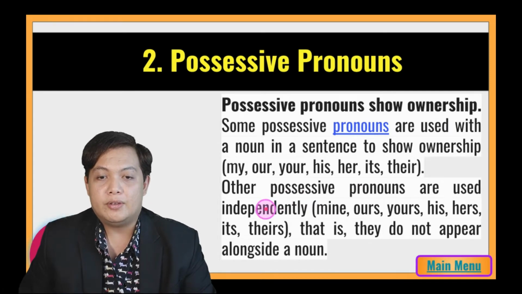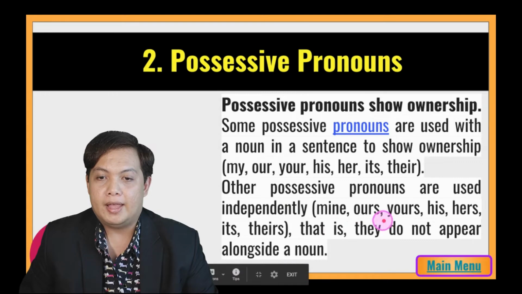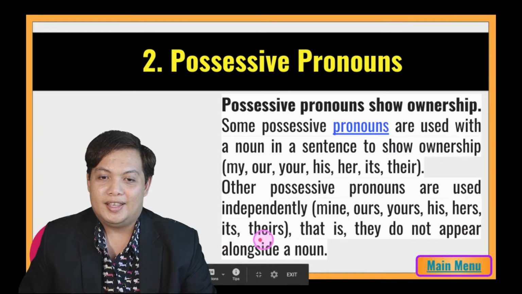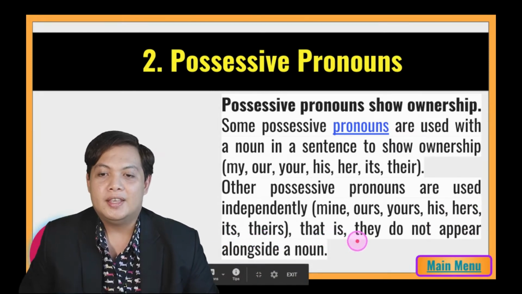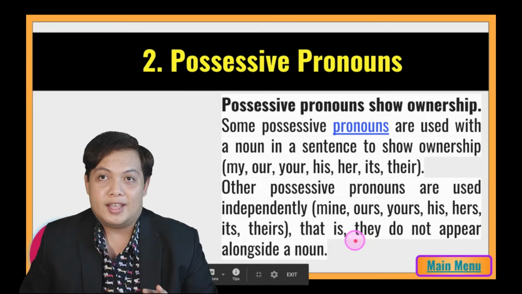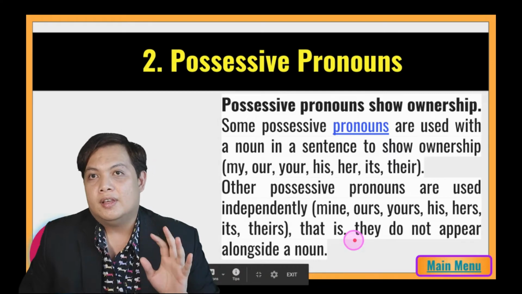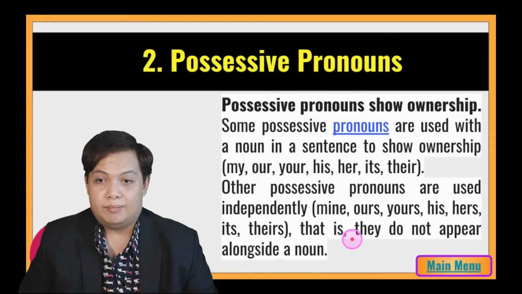Other possessive pronouns are used independently, like the following: mine, ours, yours, his, hers, its, theirs. That is, they do not appear alongside any noun. Okay? We use them to show ownership.